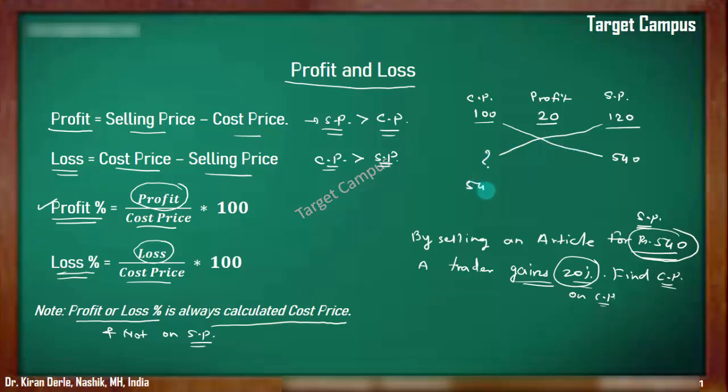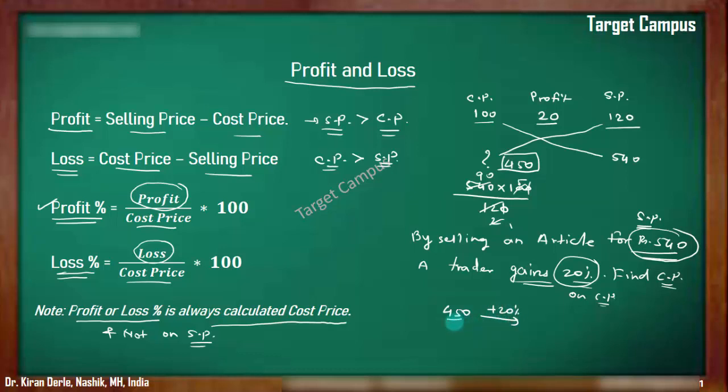Solving this, we get 540 into 100 upon 120. The zero goes out, so 54 divided by 12, which becomes 4.5, and 90 into 5 is 450. So the cost price of this article is 450. Now you can check in reverse. 450 is the cost price, and on this cost price, the trader is getting 20%.